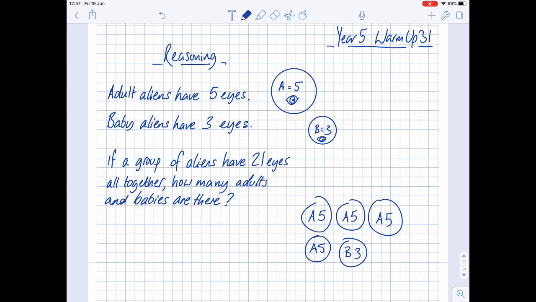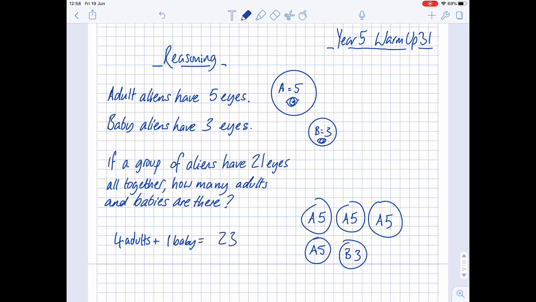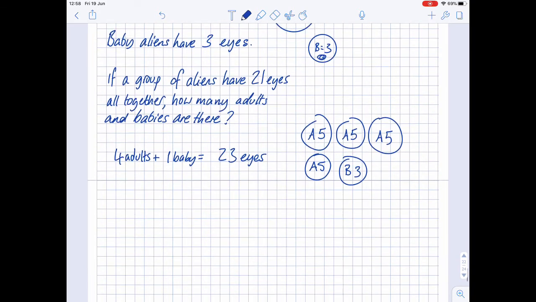In that example I've got 4 adults and 1 baby. So 4 adults plus 1 baby equals, adding up the eyes, 5, 10, 15, 20, 23 eyes. So I'm pretty close there, aren't I? But I haven't got the right answer.